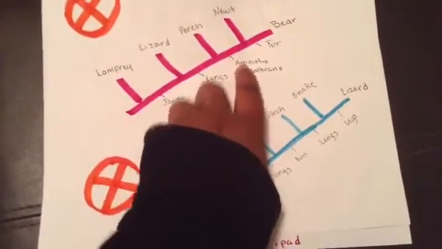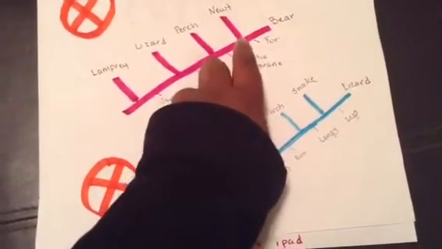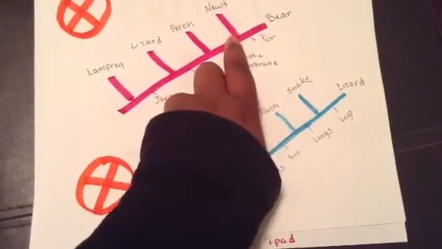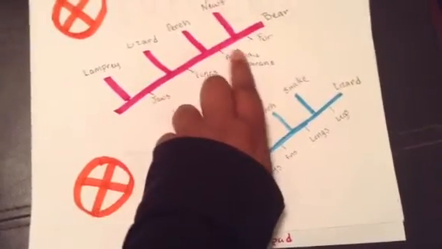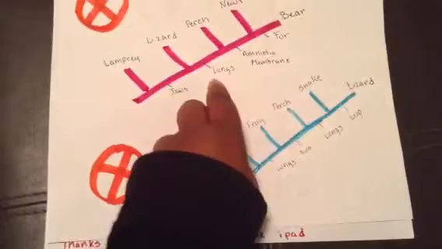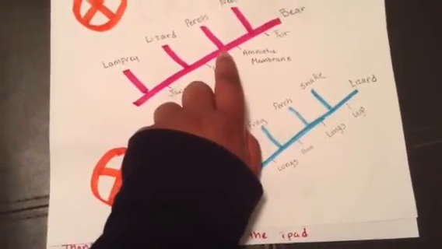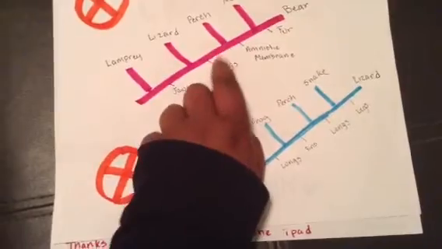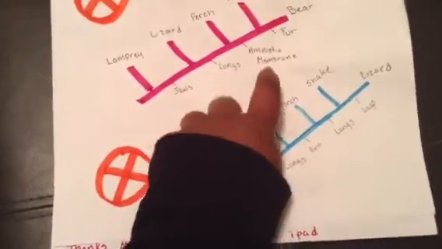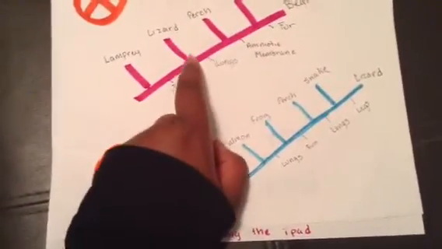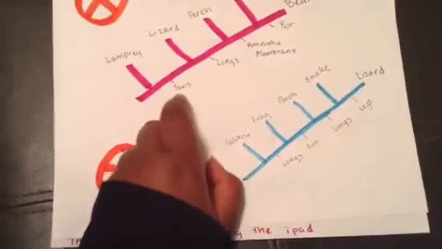So it should go here. The newt, we know, does not have an amniotic membrane, but it does have lungs and jaws, so it should go here. The perch, we know, does not have lungs, amniotic membrane, or fur, so it should go here because it has jaws.